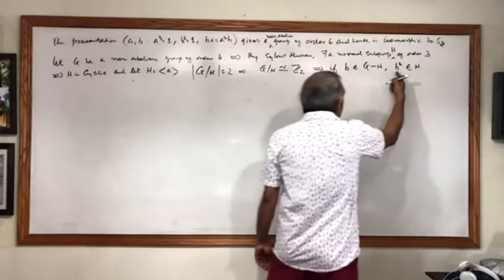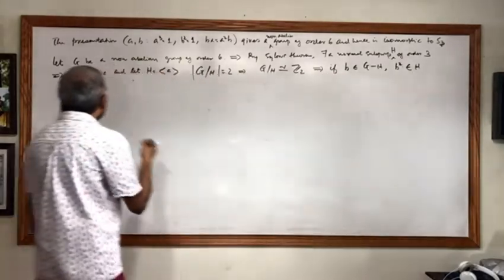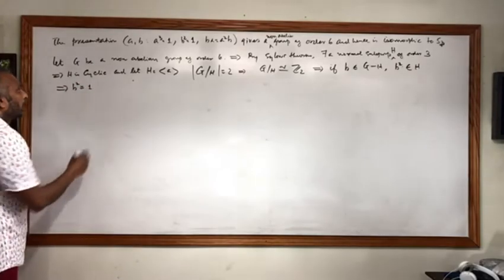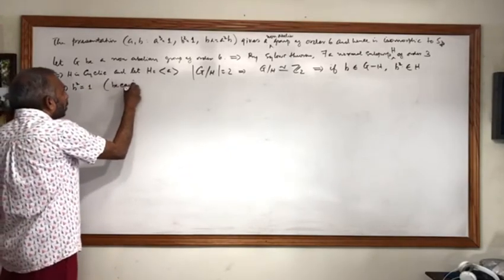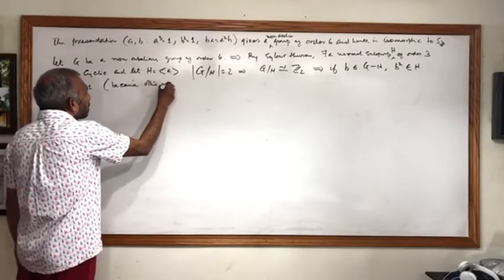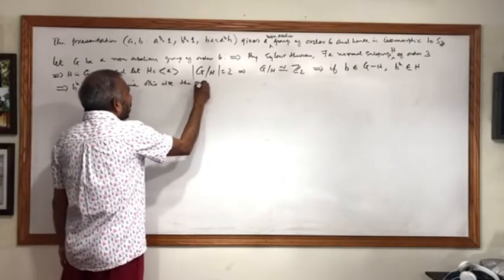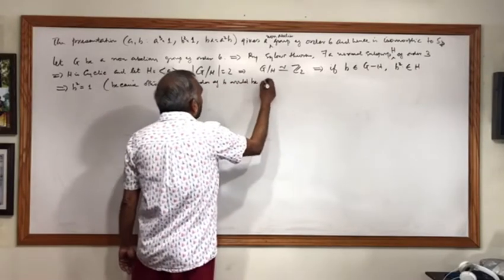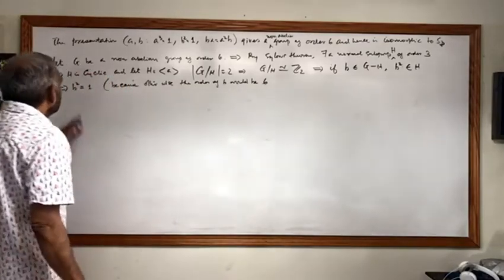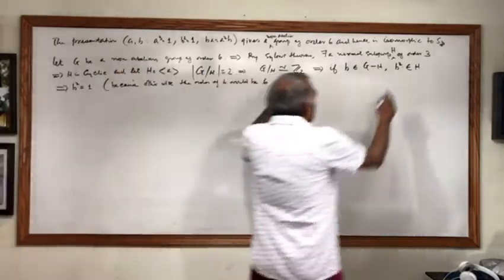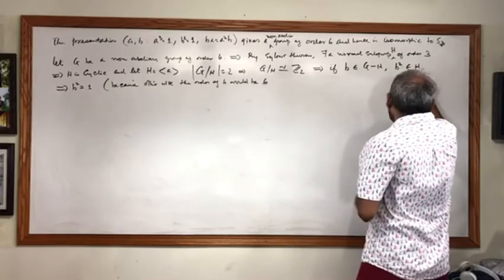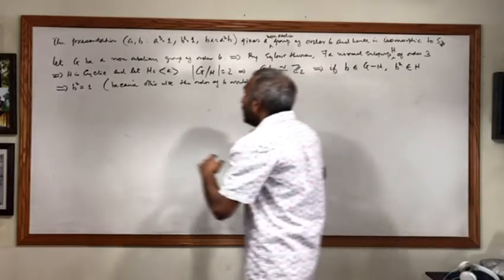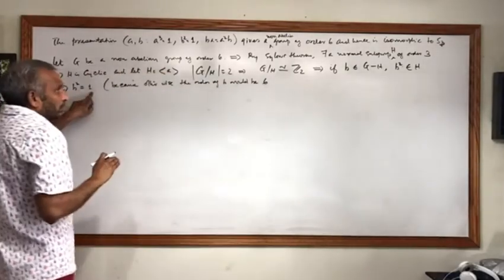So b square is in H. That implies b square is equal to 1, because otherwise the order of b would be 6. Because b square is in H and the order of H is 3, b square cannot be anything other than 1.